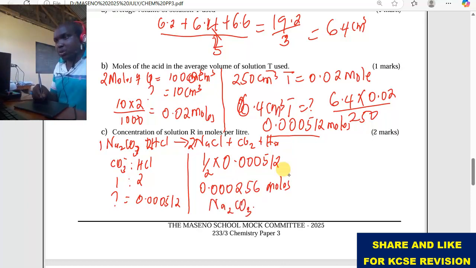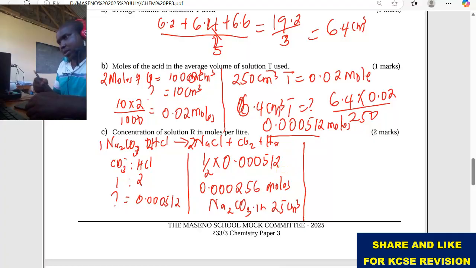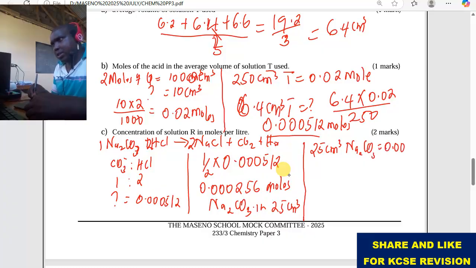Very good, in 25 centimeters cube. So when you are asked the concentration in moles per liter, it means molarity, because it is the number of moles in a liter. A liter is equal to 1000 centimeters cube. So you simply ask: if 25 centimeters cube of sodium carbonate contains 0.000256, what about 1000 centimeters cube?